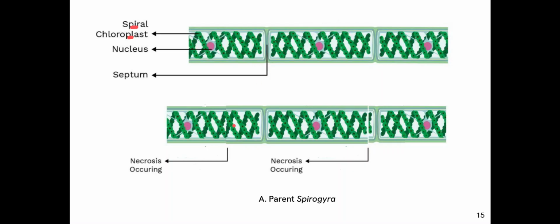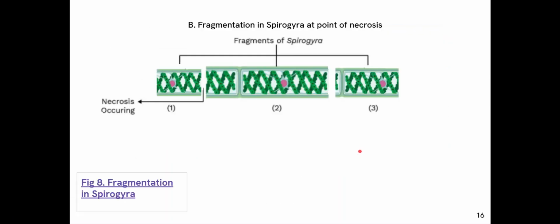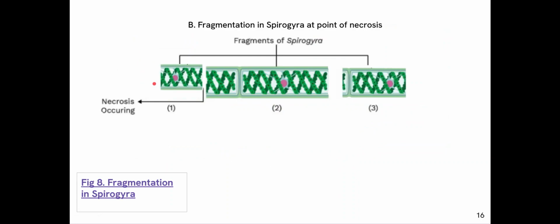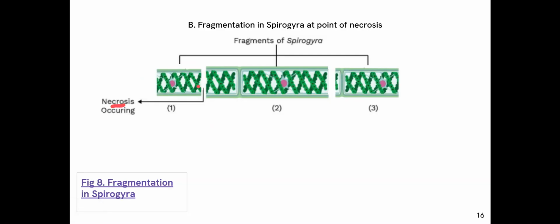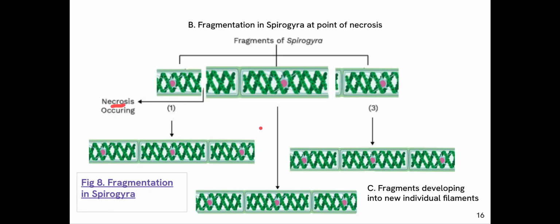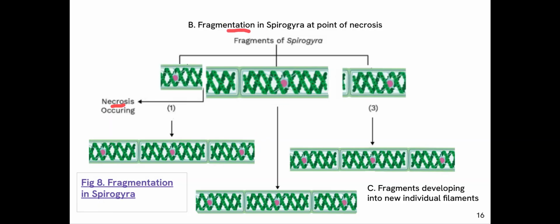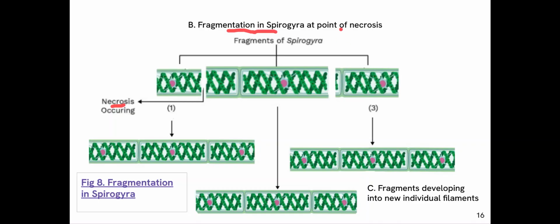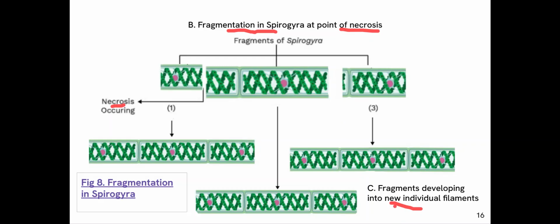Now, if I mark a point where necrosis, cell death, or injury is occurring, the parent Spirogyra is getting fragmented at the point of necrosis, and each of these fragments will give rise to three new individual organisms. So there occurs fragmentation in Spirogyra at the point of necrosis, and each of these fragments develops into new individuals.